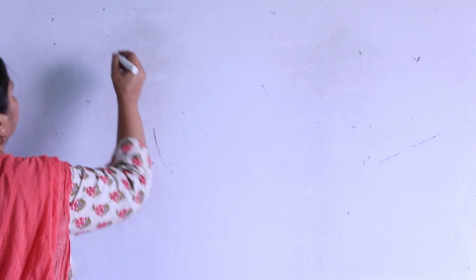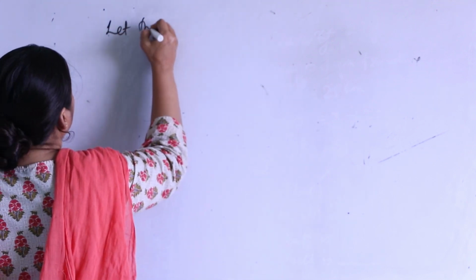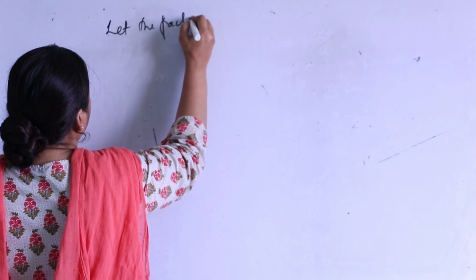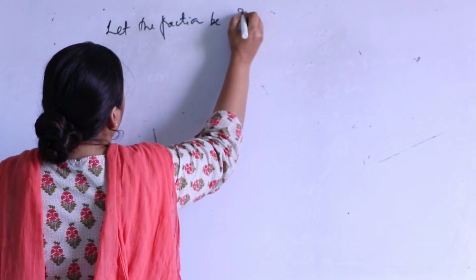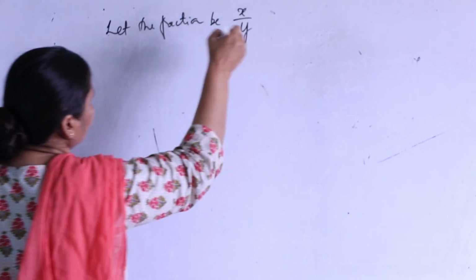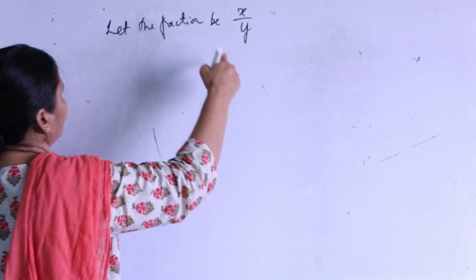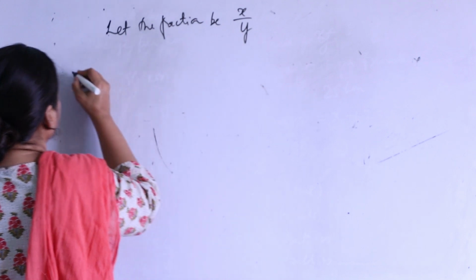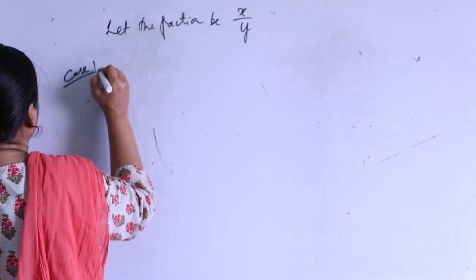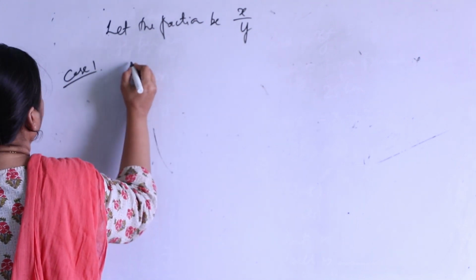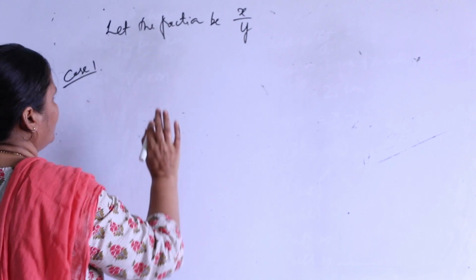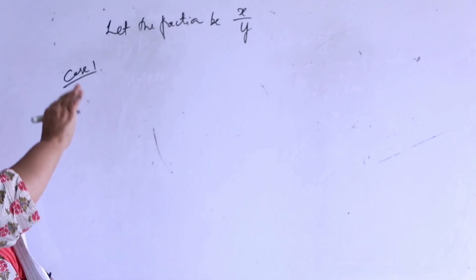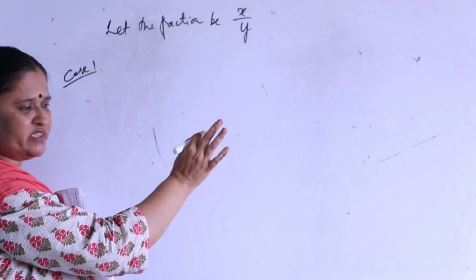That means you have to assume, let the fraction be x by y, because we're talking about a fraction, x by y, right? That means the numerator is x and the denominator is y. Case 1. What does it say? Now in this problem, remember, use this as a standard method.